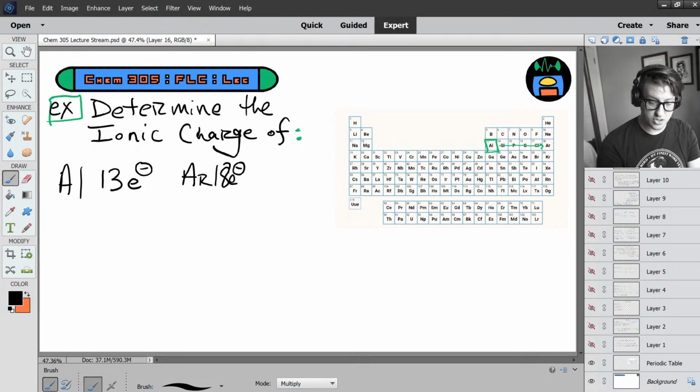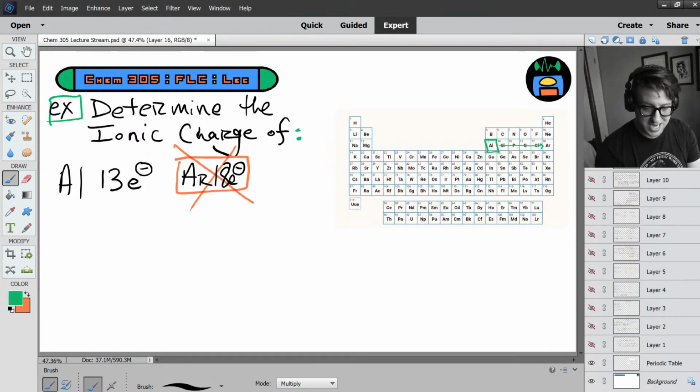And here's the thing, don't fall for this trap. Argon looks closest on the periodic table, but it's not. Neon is actually closer.